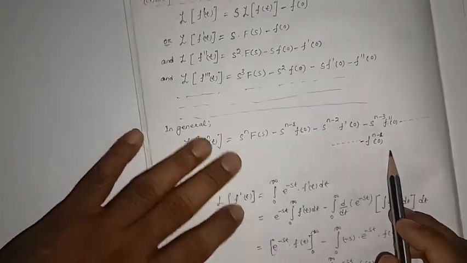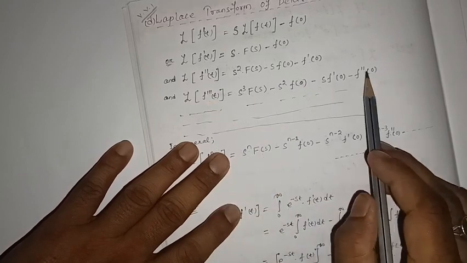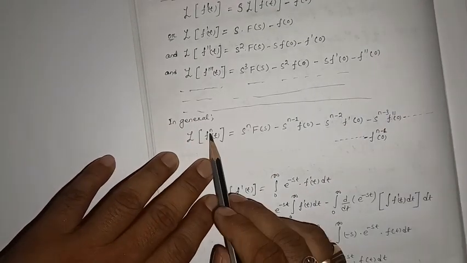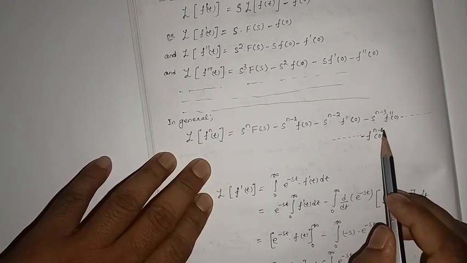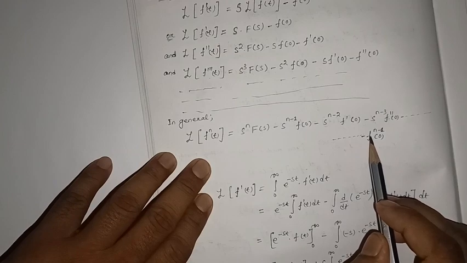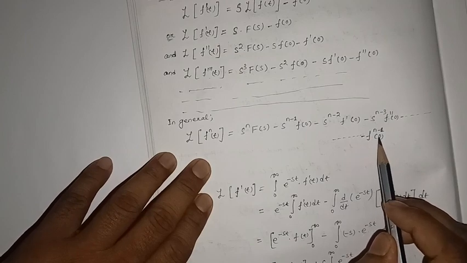And the last one is the n minus 1th derivative of f at 0.